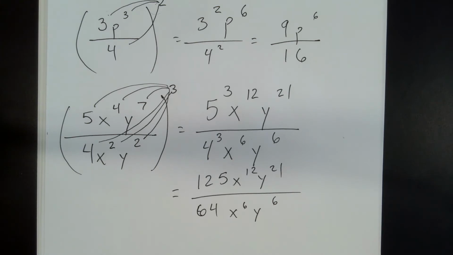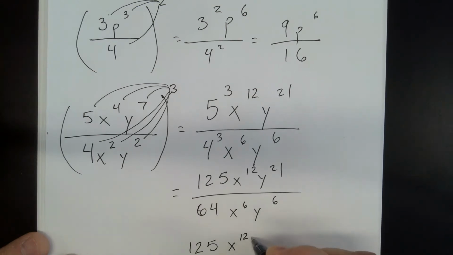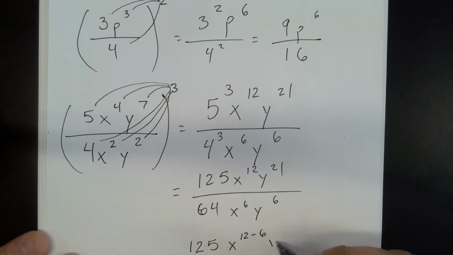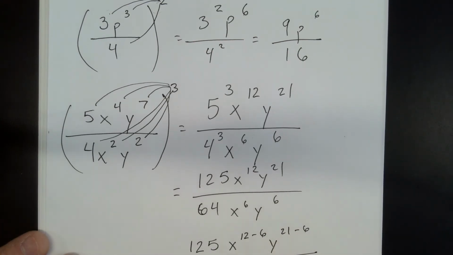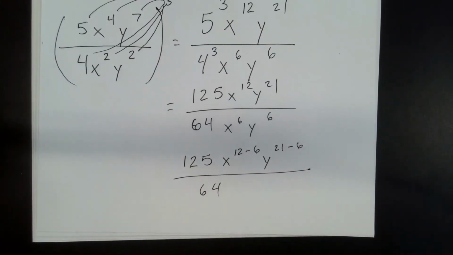Right? How, Lydia? Yeah, because there's x's on the top and x's on the bottom, we can subtract those exponents. We keep the 125 on the top, and all the subtraction happens on the top. So what's left over down here? A 64, right?